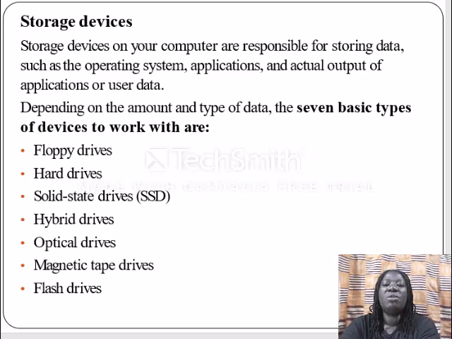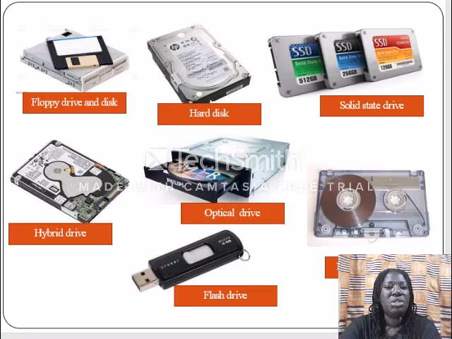Depending on the amount and the type of data, the 7 basic types of devices to work with are: the floppy disks, the hard drive, the solid state drives, the hybrids, the optical drive, the magnetic tape, and the flash drives. I'll show you a picture of it so that when you see them, you mention them by their names.